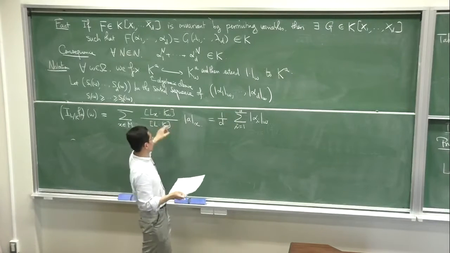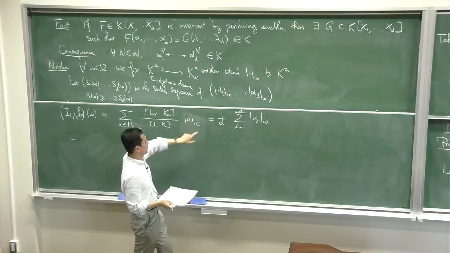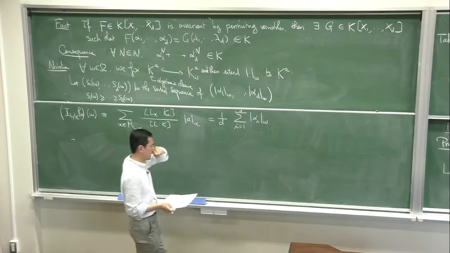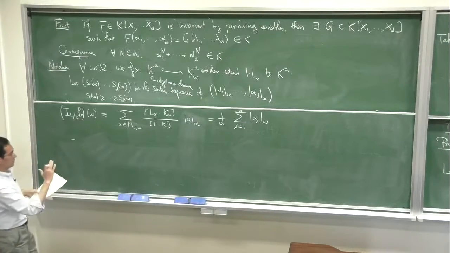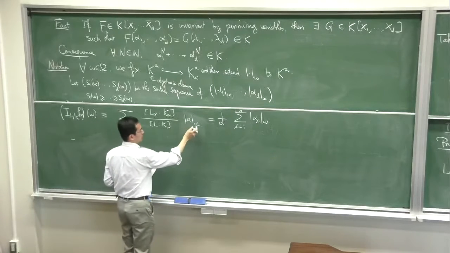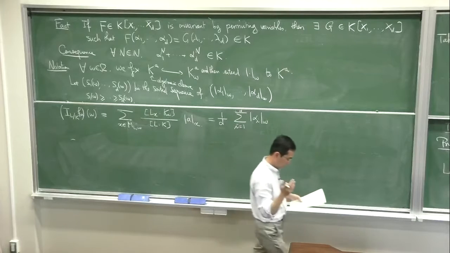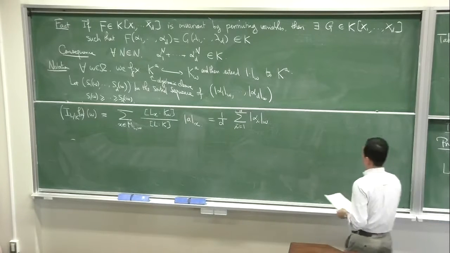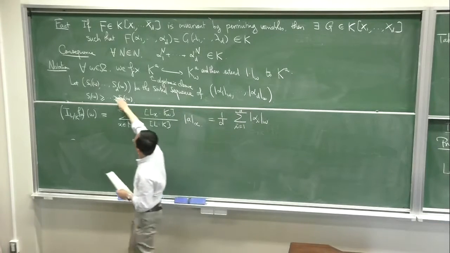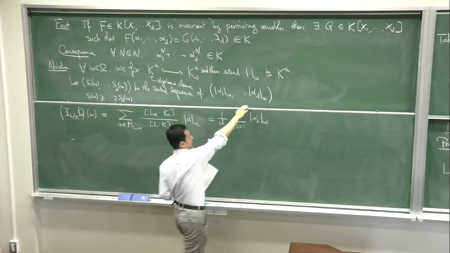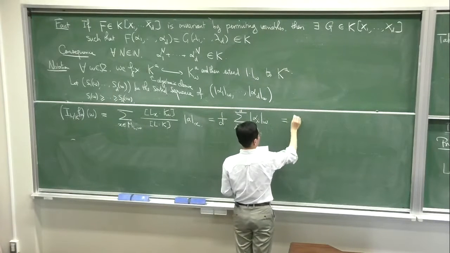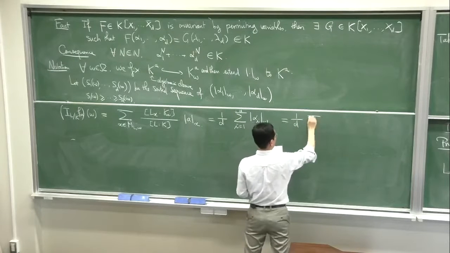So if you count the multiplicity, all these possible values are given by the absolute value of alpha_i. So you get the absolute values with different extensions given by the Galois orbit if you count the multiplicity. And then since I take such a thing as a sorted sequence, you just get the average of the S_i.